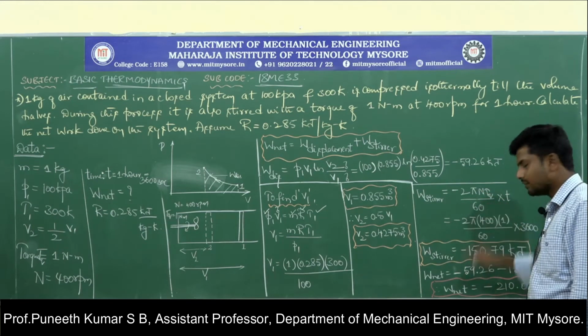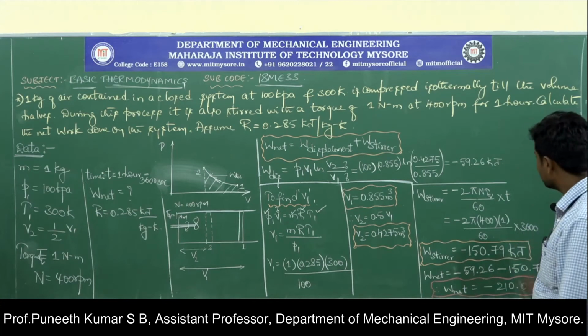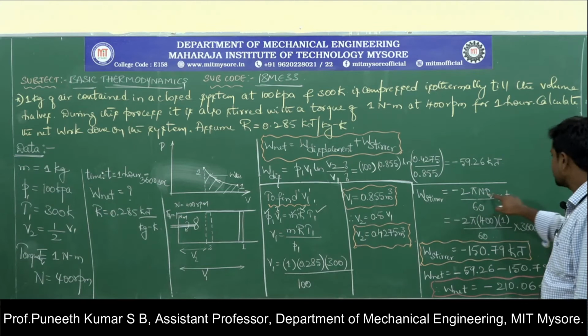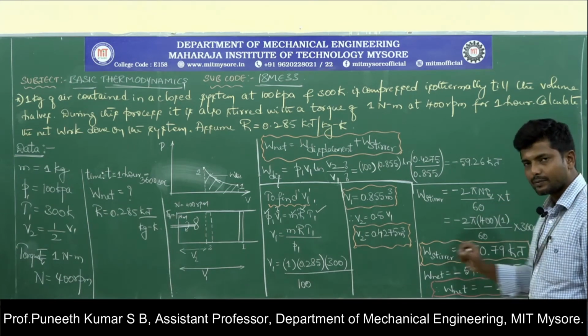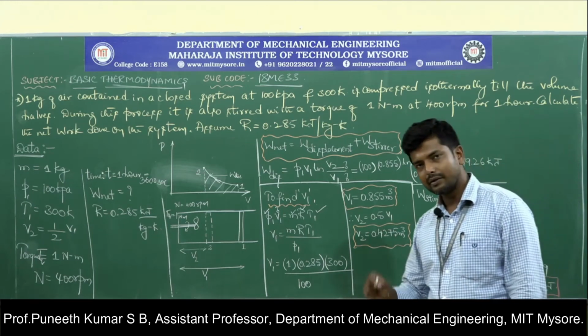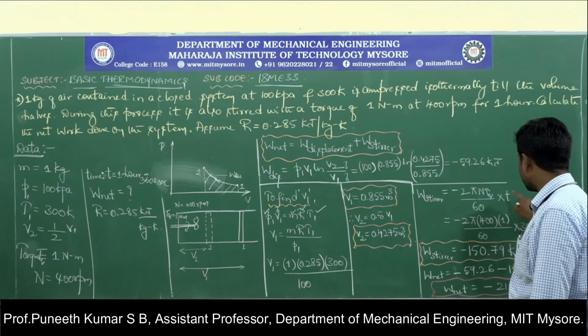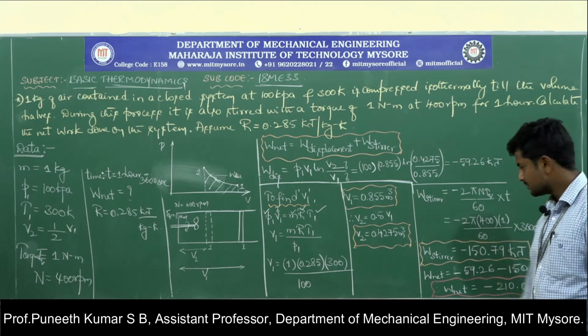We should also make sure that the time we substitute remains in seconds. That is the reason why 1 hour has been represented as 3600 seconds.